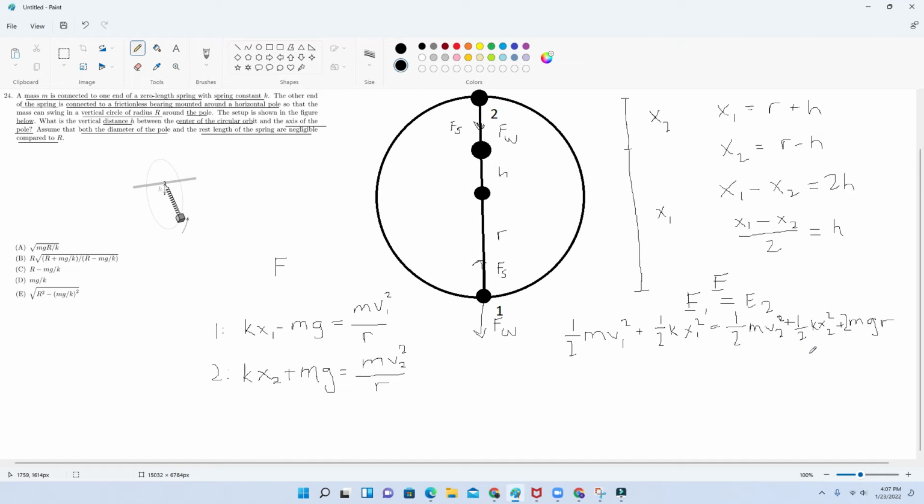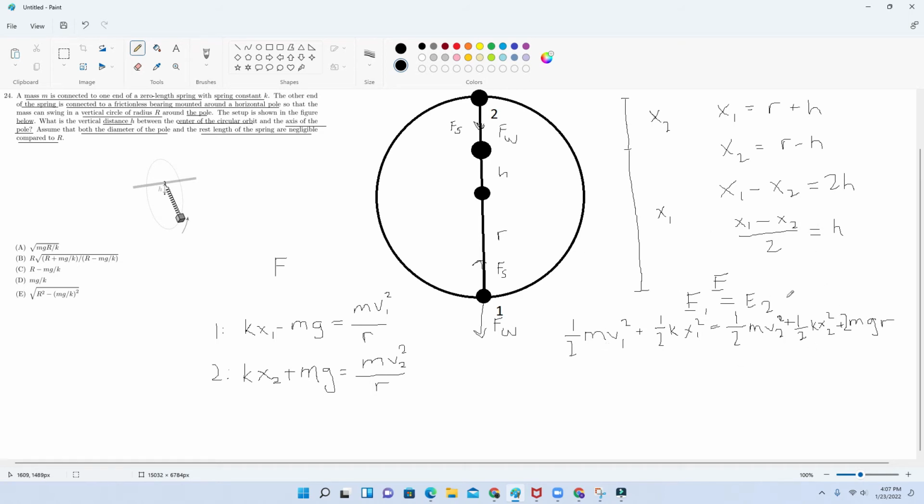So now we have another equation. But here's the thing. We can actually solve for v1 and v2 in terms of k, x1, x2, m, and g. And we can substitute these values we solve for v1 and v2 back into this equation.